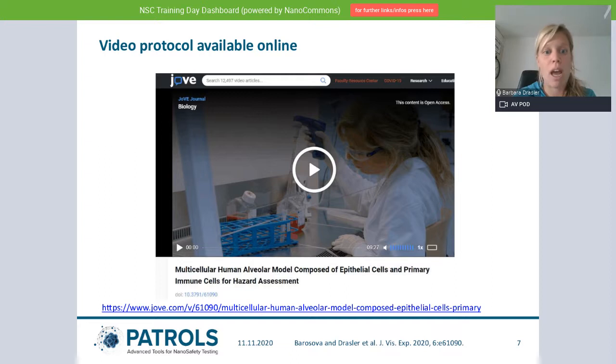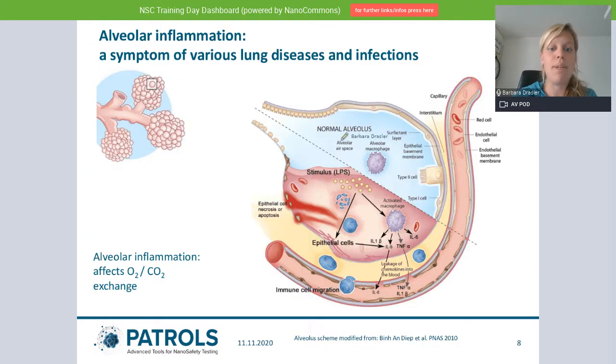But before that, I would like to touch a bit on the theory about inflammation. As I said at the beginning, I will present a diseased model, an inflamed model. So why is alveolar inflammation so important? Either chronic or even acute inflammation occurs in a variety of lung diseases, such as fibrosis or chronic obstructive pulmonary disease.